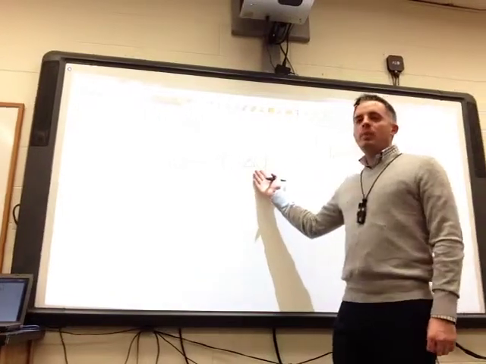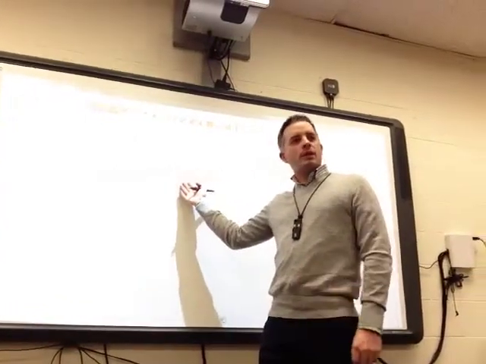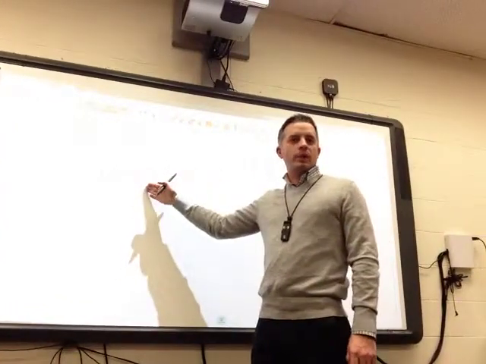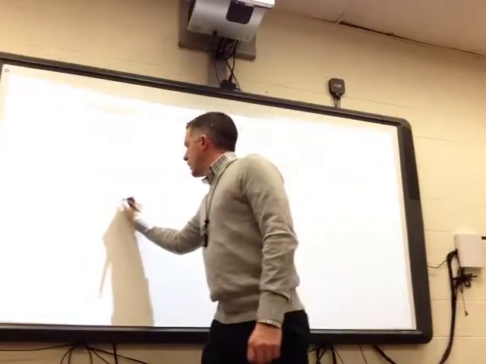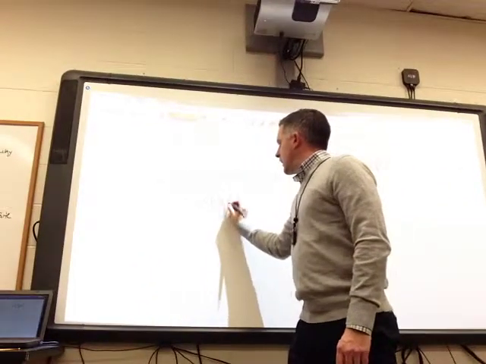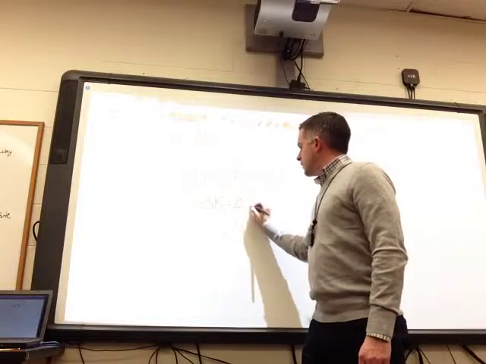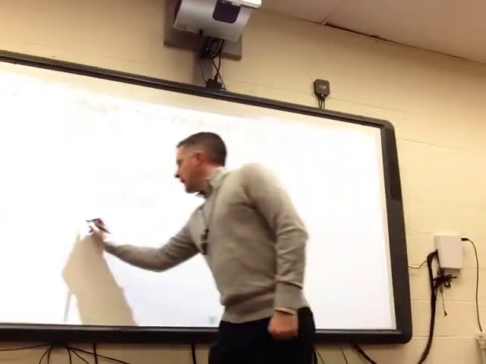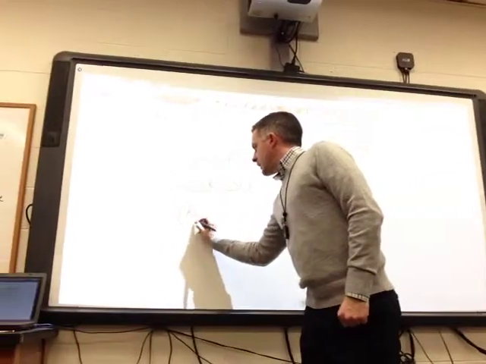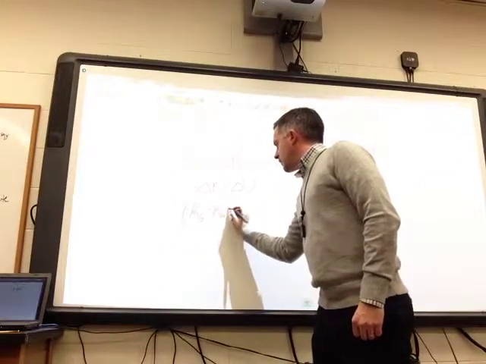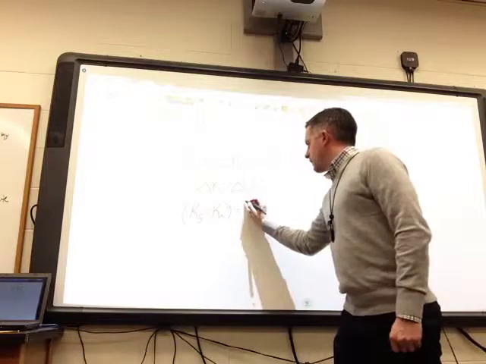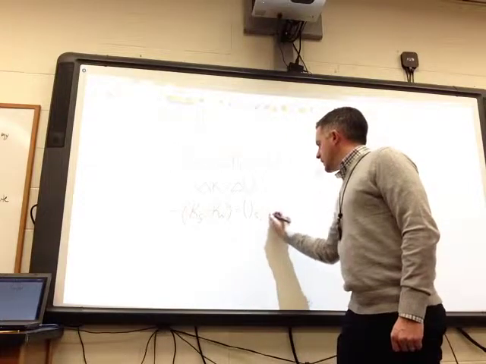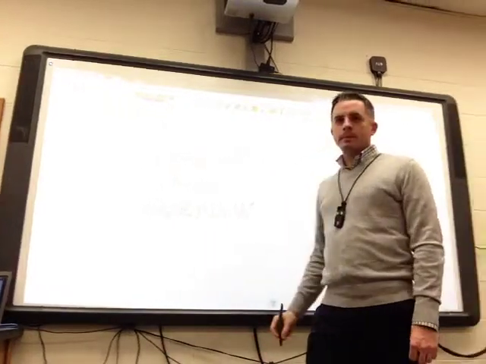But if I gain one type of energy, I lose it from another place. So we can say negative delta K equals delta U. Now if I expand that out, I get negative K sub F minus K sub I equals U sub F minus U sub I.